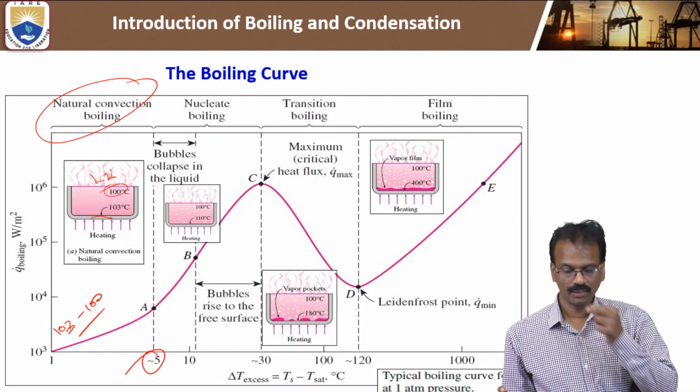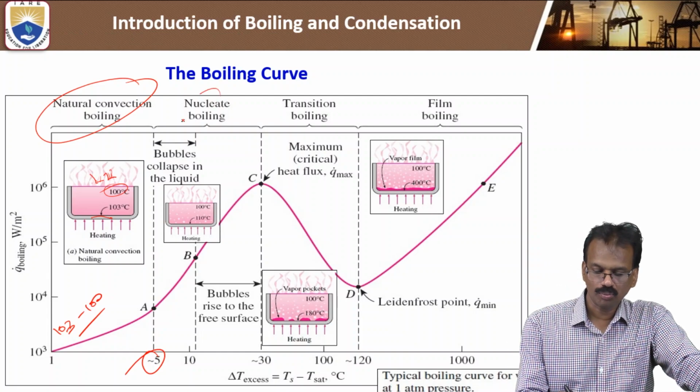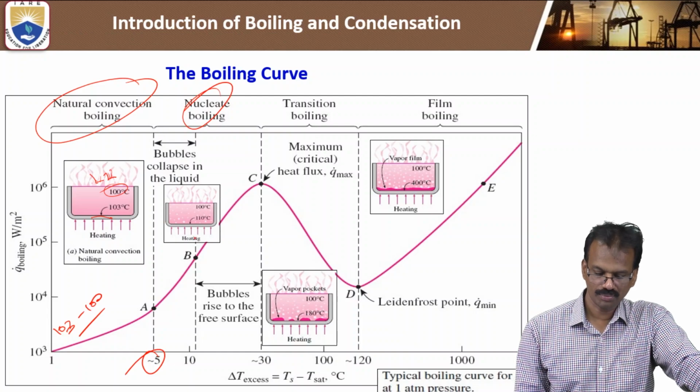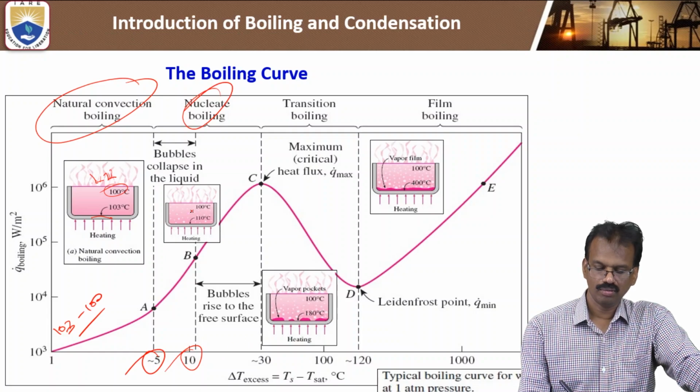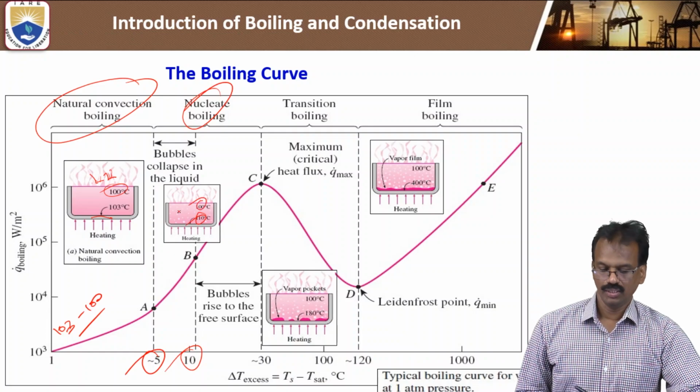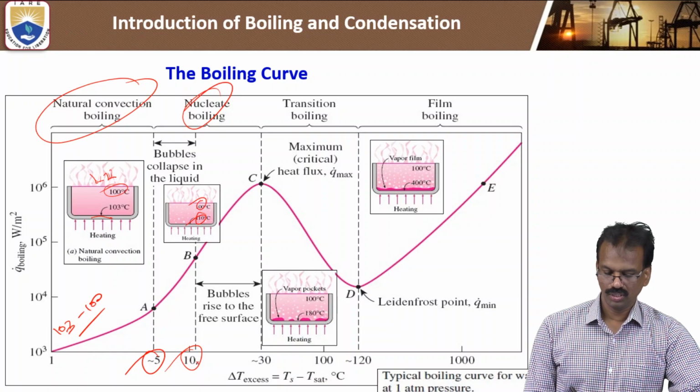Next is the nucleate boiling process. Nucleate boiling means an excess temperature of 10 or more, up to 20. Here, for example, the surface temperature is 110 and the saturation temperature is 100, so delta T is nearly 10.